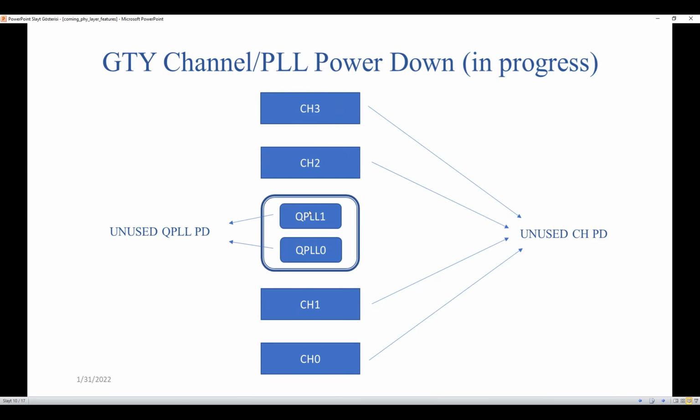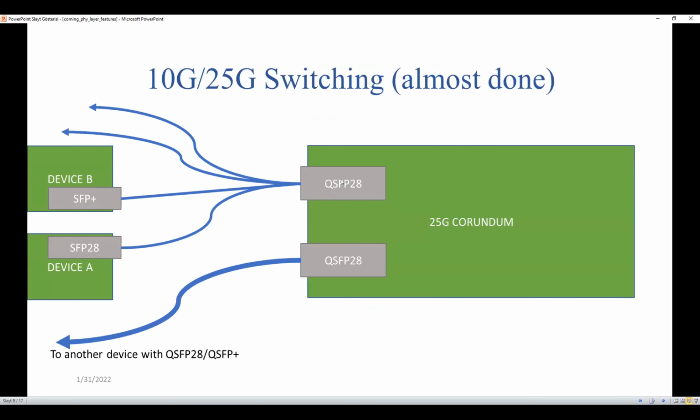I somehow started this. By the way, this one is working on the example design. I used two different transceivers, and I connected a cable from one, for example, from here to here.